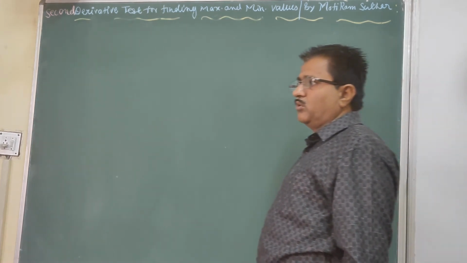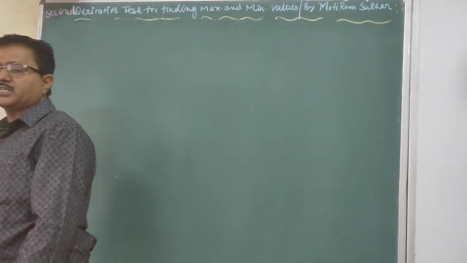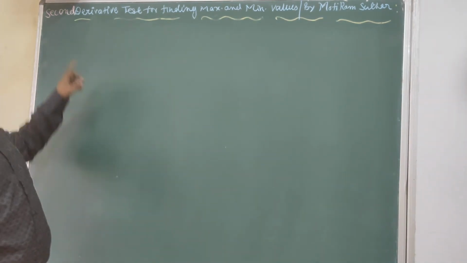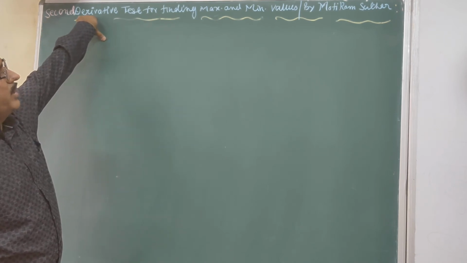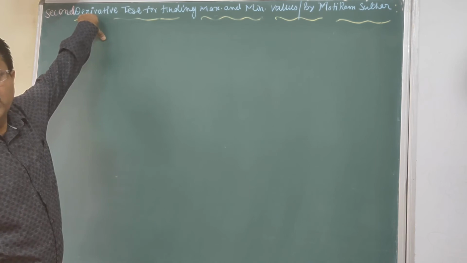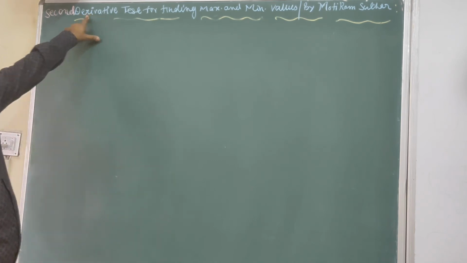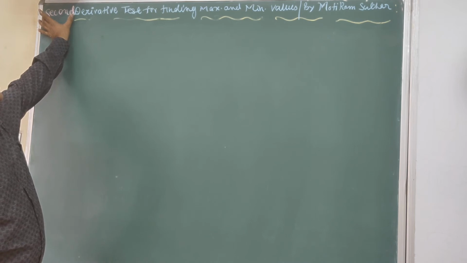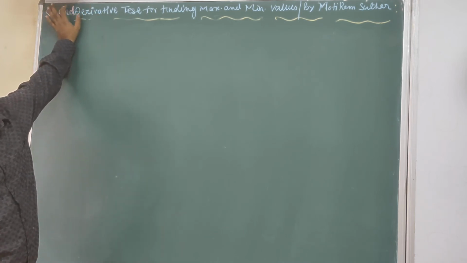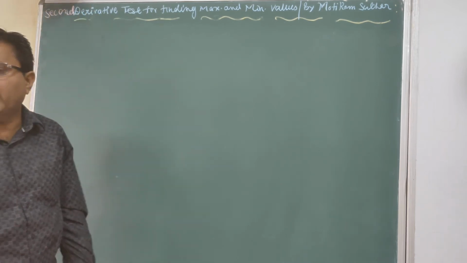Now we take one more test, that is the second derivative test, for finding local maximum and local minimum values. As the name itself says, in the second derivative test you have to find the second derivative also.